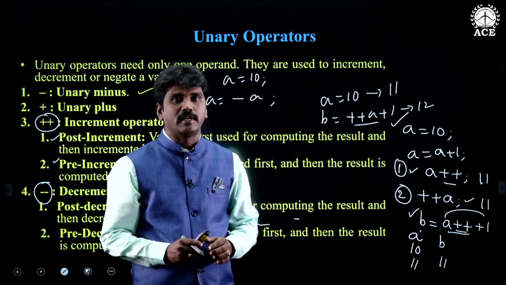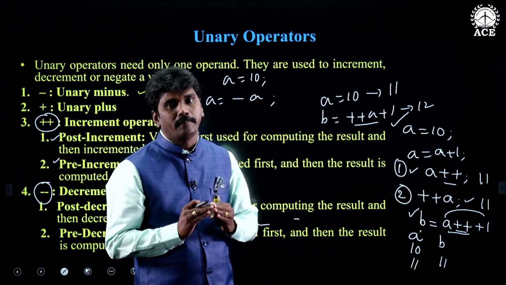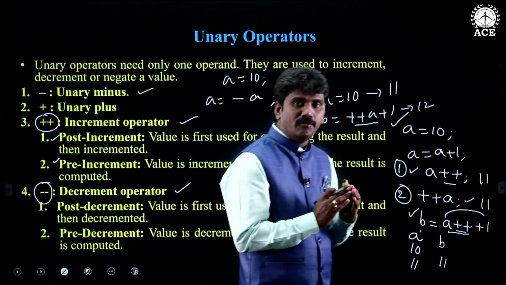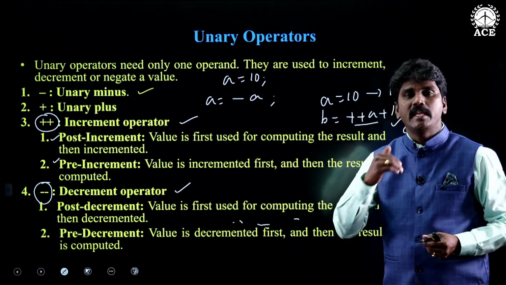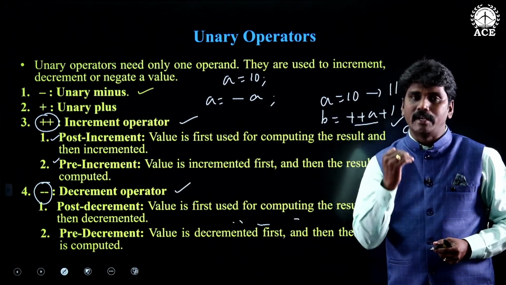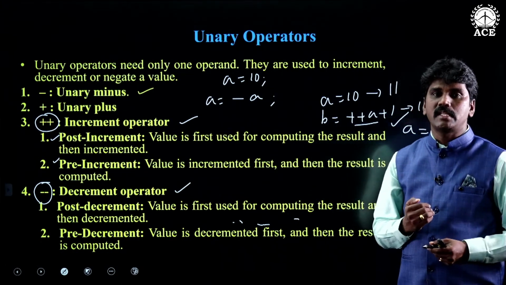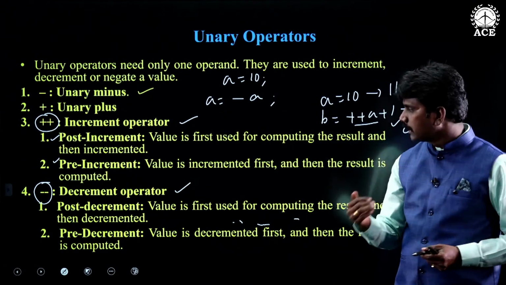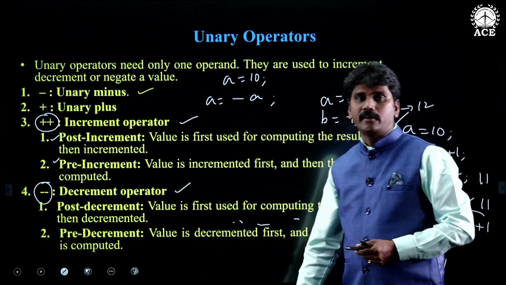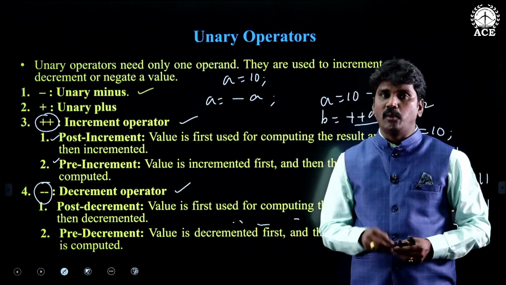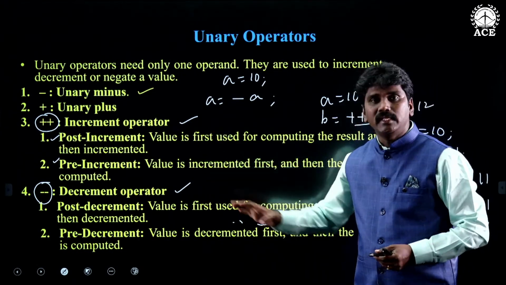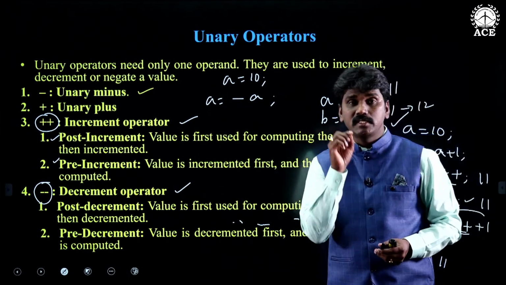That is the major difference between post-increment and pre-increment. Similarly, we have post-decrement and pre-decrement also. If we would like to decrement 1 from the existing variable value, then we can go with the decrement operator.